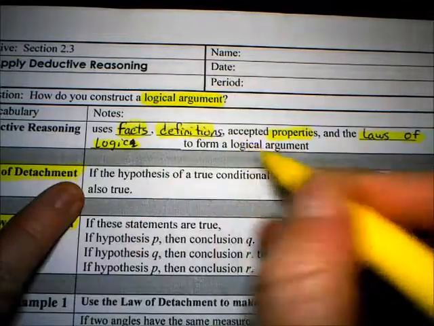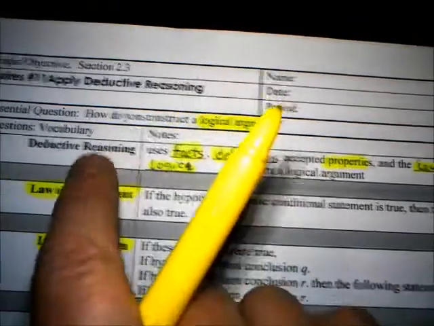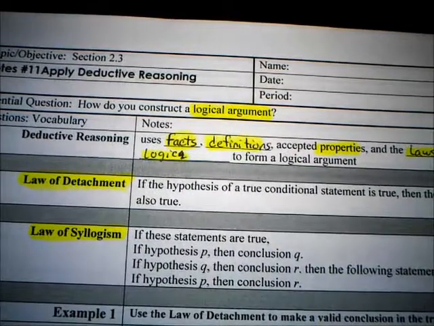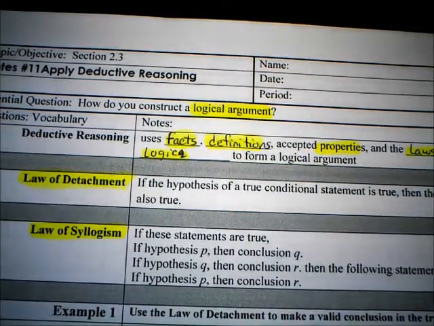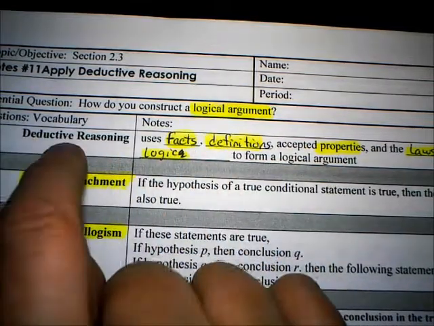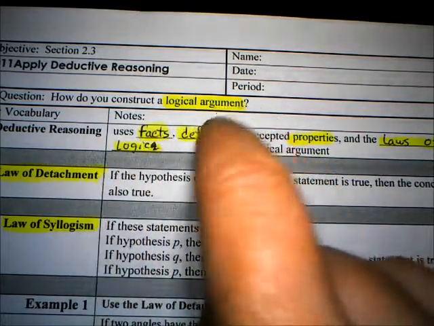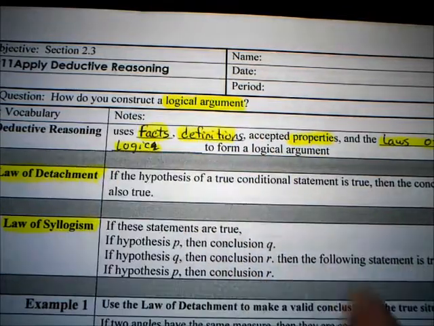So you have 4 things you can use. It's not like your other reasoning. Inductive went off experiments, but deductive is off of actual events, facts, definitions, properties, or logical statements. There are 2 laws.